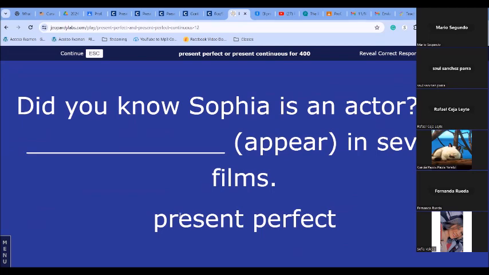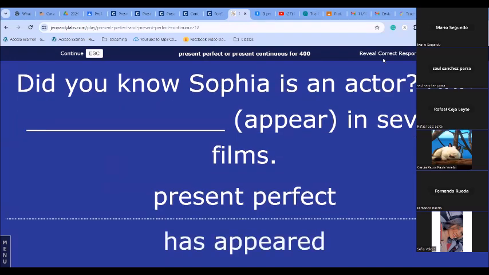Did you know Sofia is an actor? She has been appearing in several films. Yes. All right, but it asked you for present perfect simple. Yes, I like your answer better, but present perfect simple would be she has appeared in several films in the past.